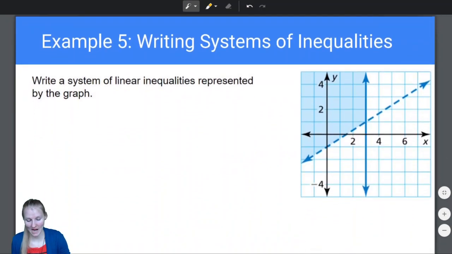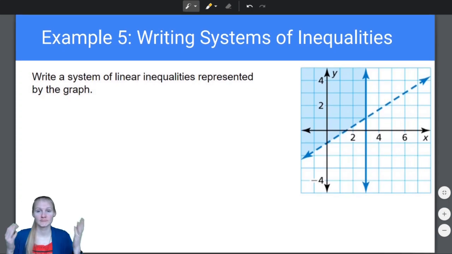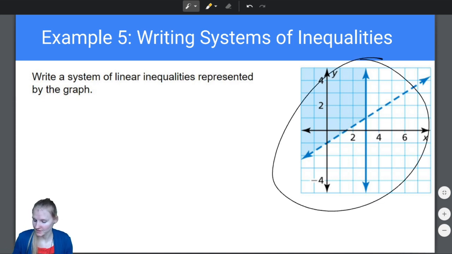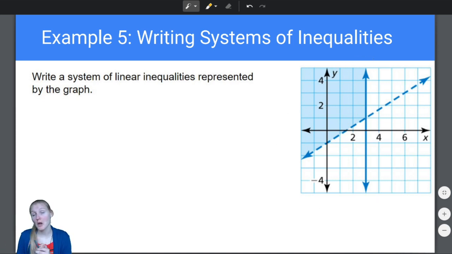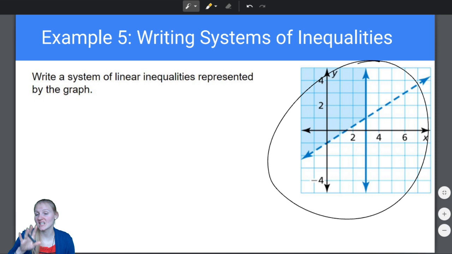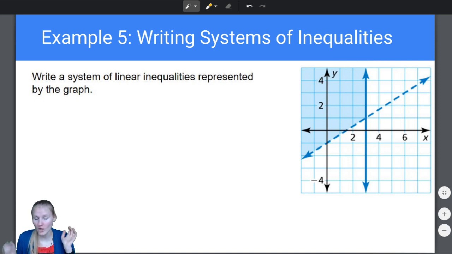All right, we have another example. It's the same as example number 4, but it's a different problem. Same thing, different problem. So, at this point, I would like you to pause the video and try this example in your own notes. Try it on your own and see if you can write a system of linear inequalities for this graph.